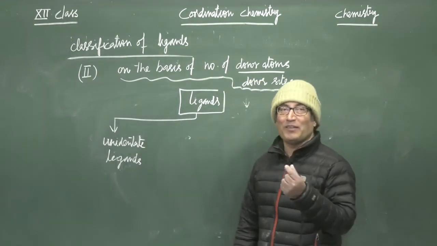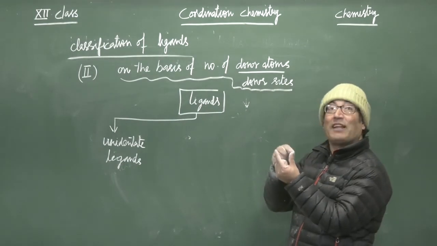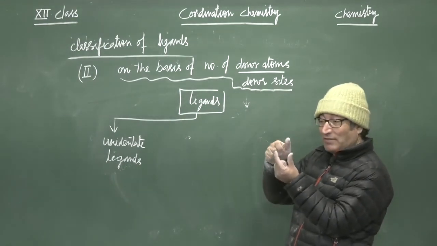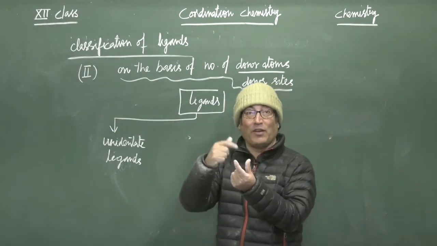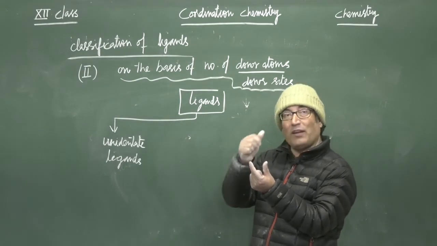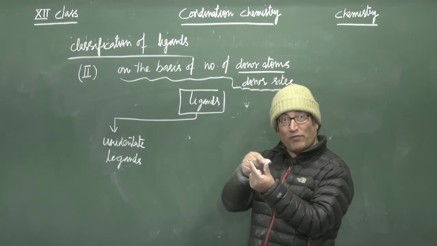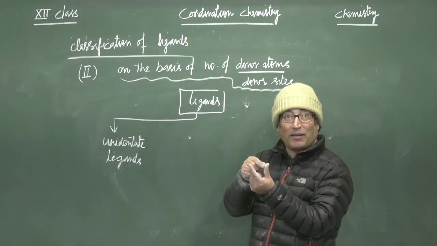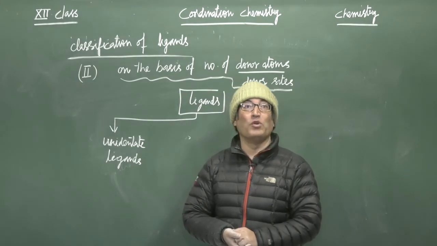Because these ligands' donor atoms are considered as the teeth of the ligands, by which they can catch hold of the central metal ion. So if a ligand has only one tooth to catch hold of the central metal ion, you call it unidentate, or monodentate ligands.